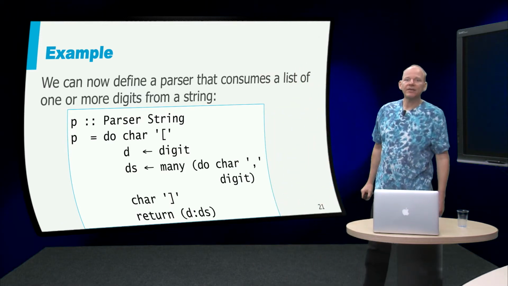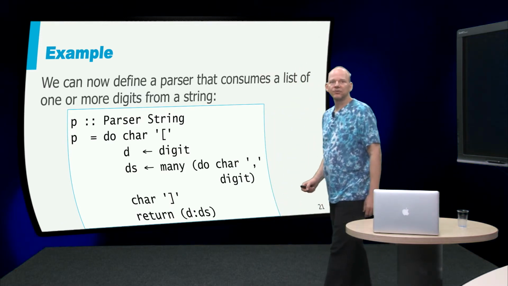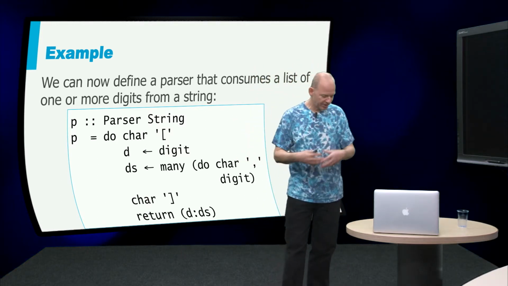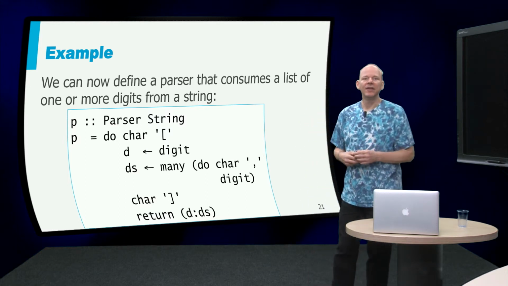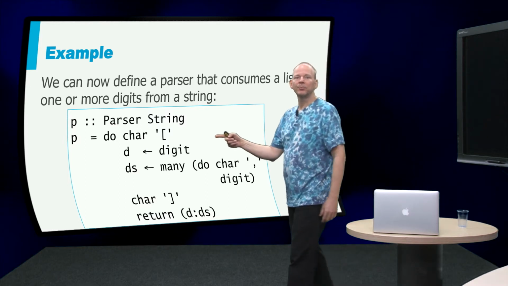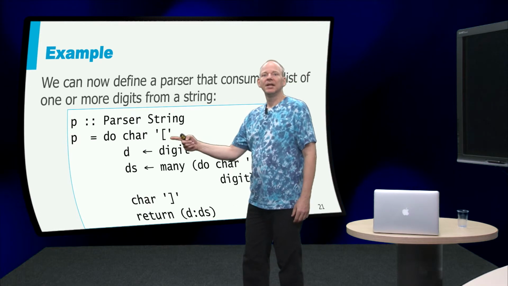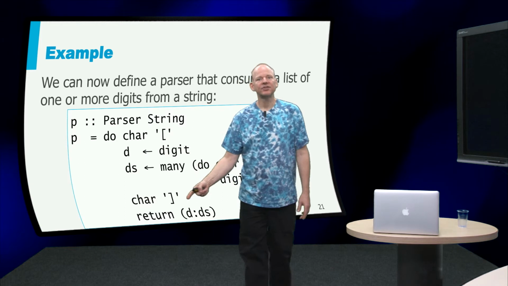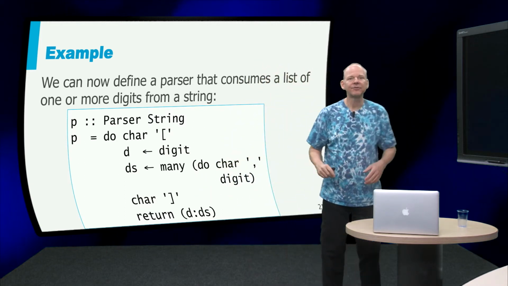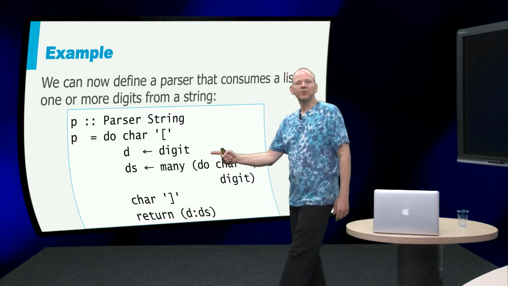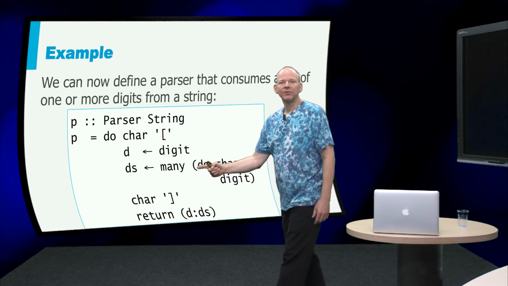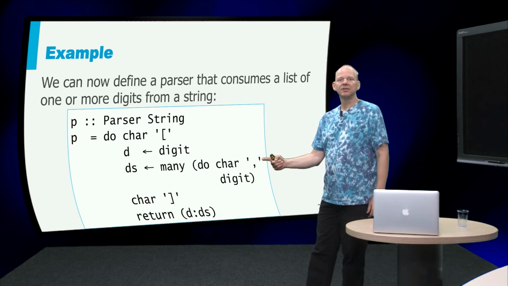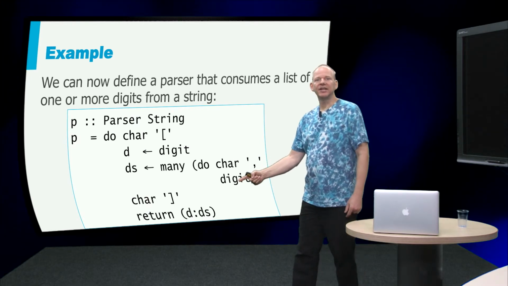Good. So now we can define a parser that consumes a list of one or more digits from a string. So this is starting to become more like parsing an actual language. So what we do is we want to parse a list, so we have to parse an open brace and a closed brace. We're not interested in those values, so you don't see a left arrow there. Then we're trying to parse a digit, and then we're trying to parse many characters, comma, digits.